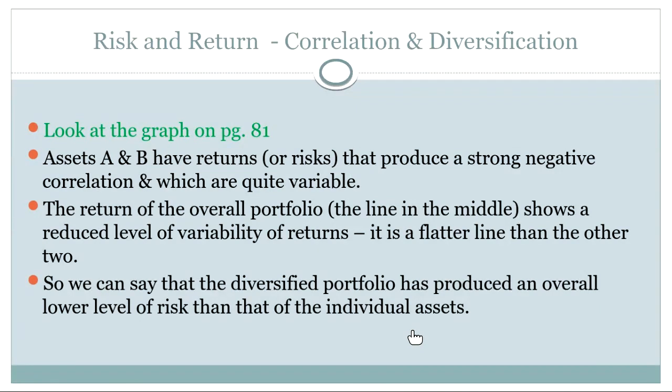So the black line drawn through the graph that represents the total portfolio, you can see that that line is quite flat. It's much flatter than the individual lines of the two assets. So that shows the effective diversification has flattened the risk of my portfolio. Which is obviously a good thing. That's what we're looking for.